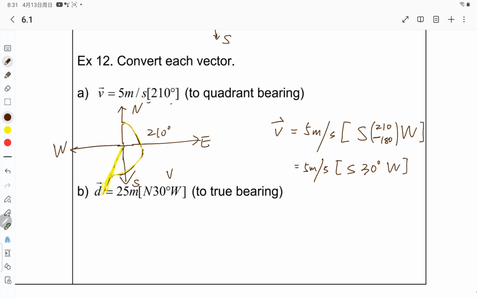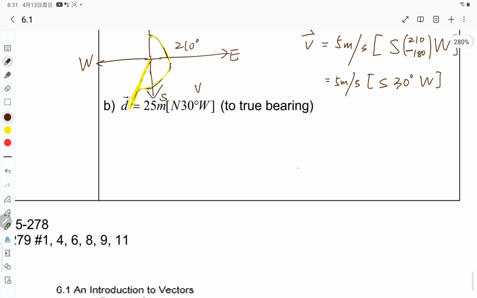Okay, and then to true bearing. If you think this is boring, we're going to finish this: northwest. Again, it's from the north, going 30 degrees to the west.